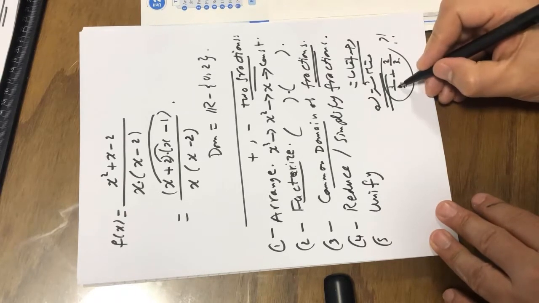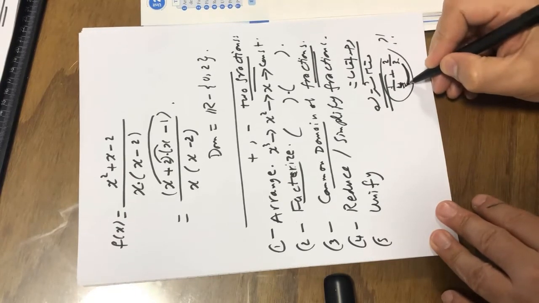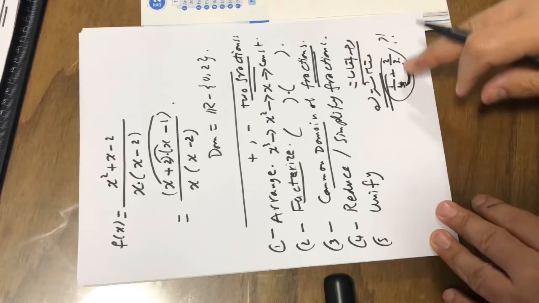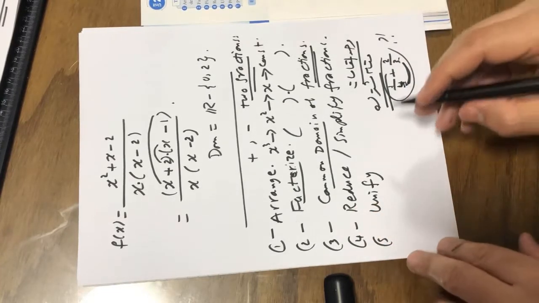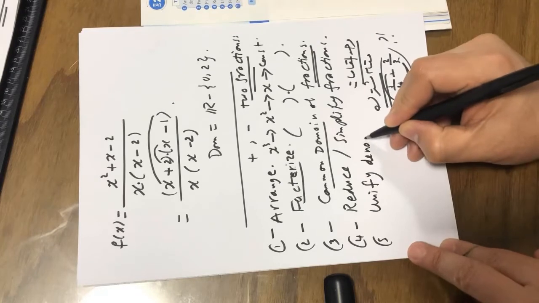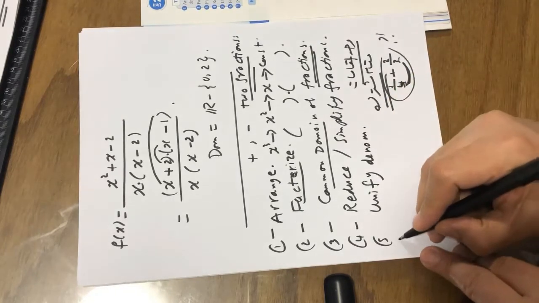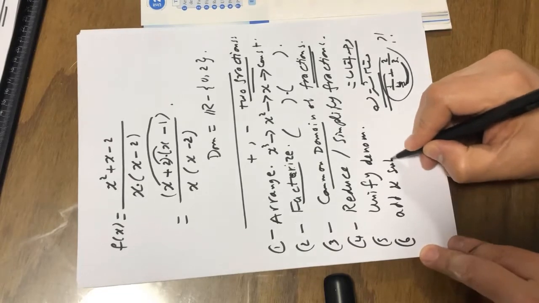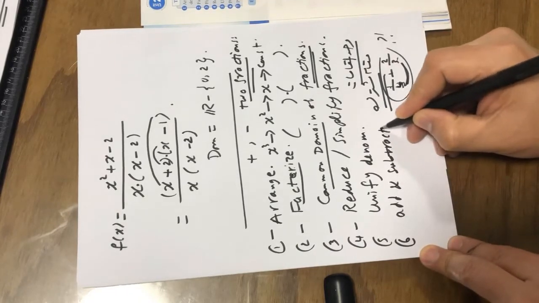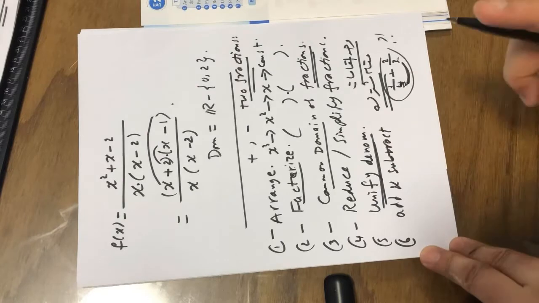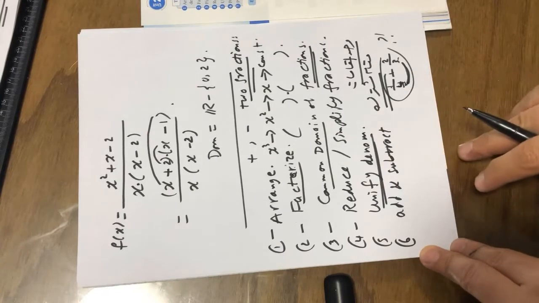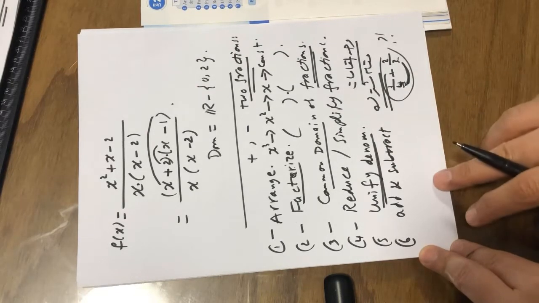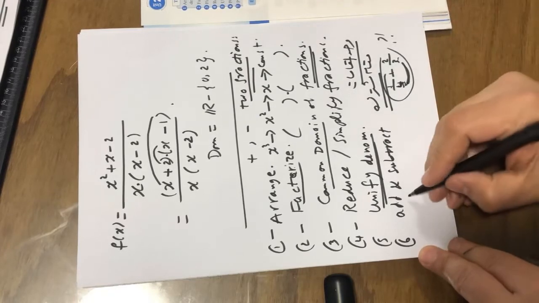This can only be done if we unify the denominators. We change the 4 and the 3 to a common denominator. Now we can add and subtract. We put the common denominator once in the resulting fraction and add and subtract the numerators.